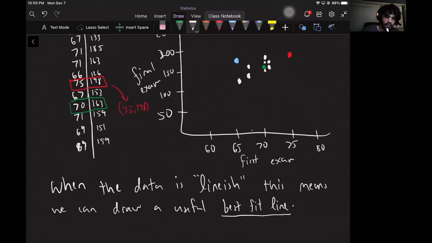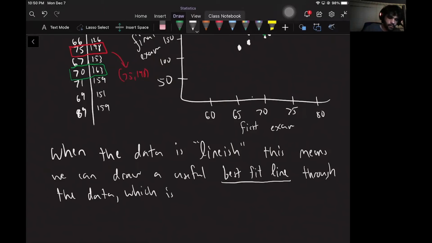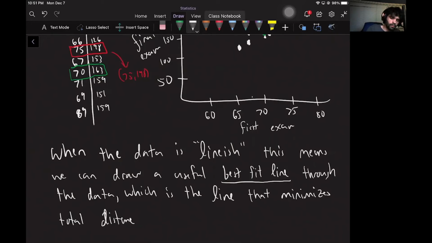A best fit line is just a line that goes through the data in a very special way. It has a very technical definition, but I'll say it: it's the line that minimizes the total distance to all the points.